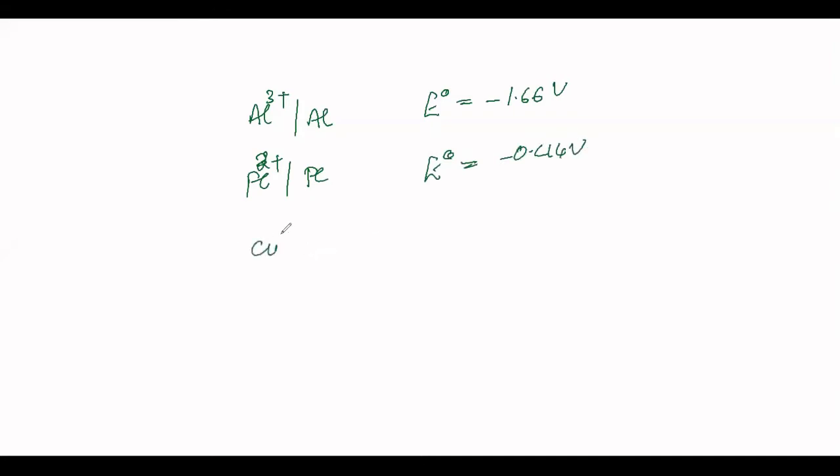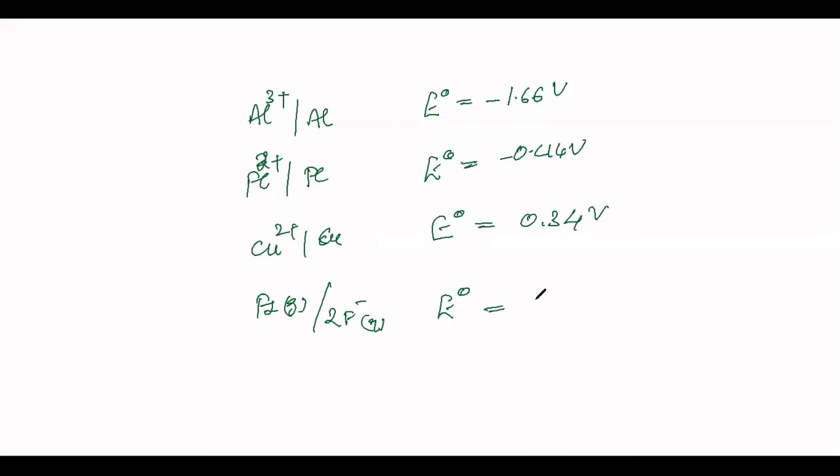Then Cu2+ to Cu will be equal to plus 0.34 volt. Last one is F2 gas going to 2F minus. This is a reduction itself, aqueous. E0 is equal to plus 2.87. Okay, I hope you have made that correction.